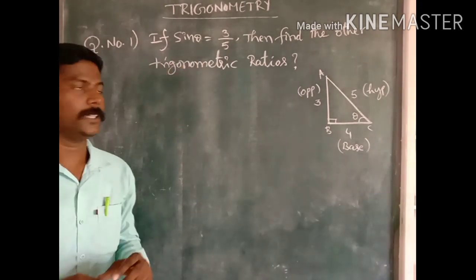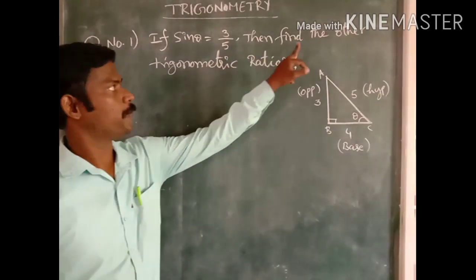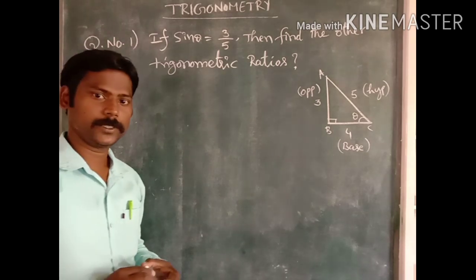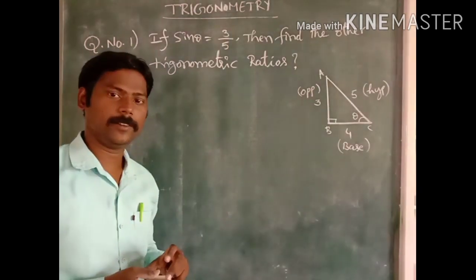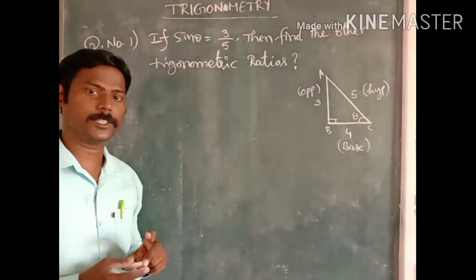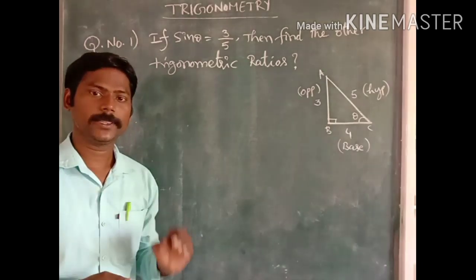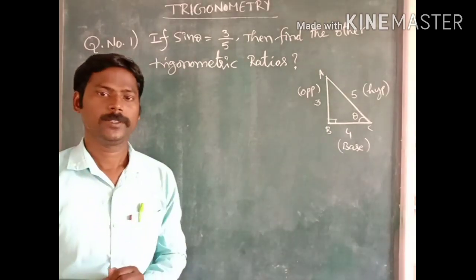If sin theta is equal to 3 by 5, then find the other trigonometric ratios. All of you observe clearly the given example problem. If sin theta equals 3 by 5, one trigonometric ratio is given.